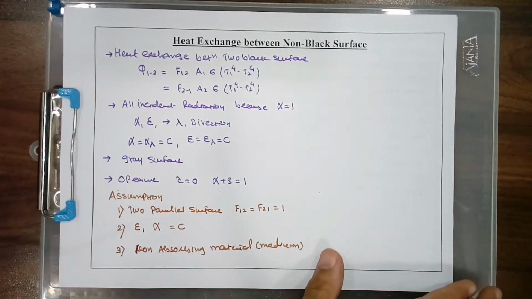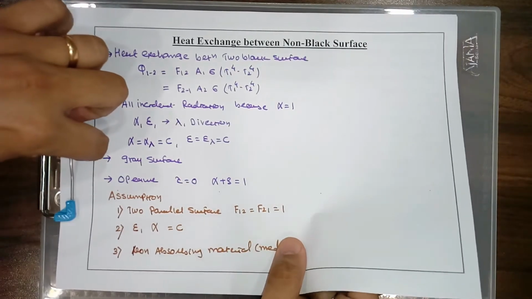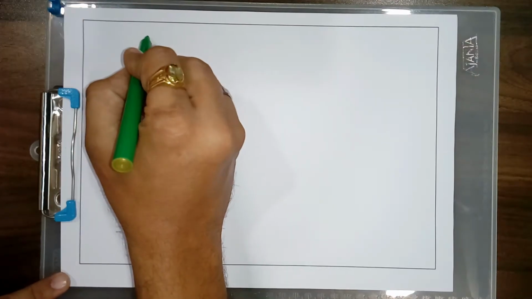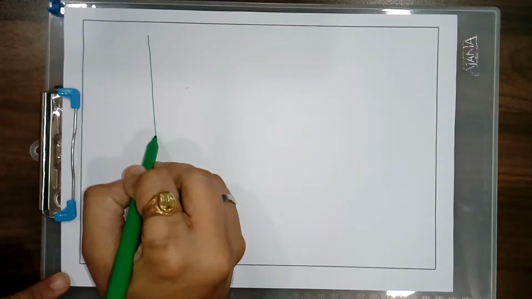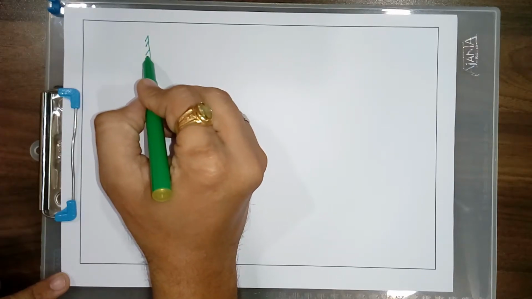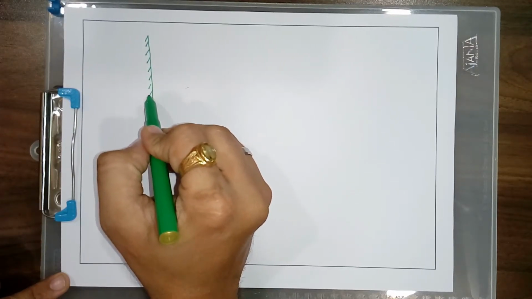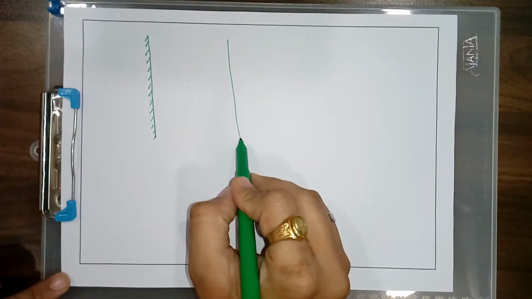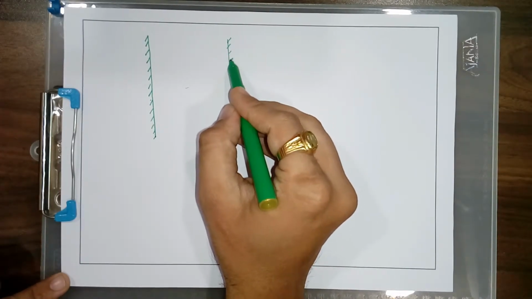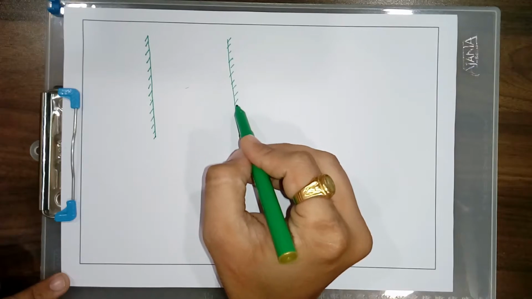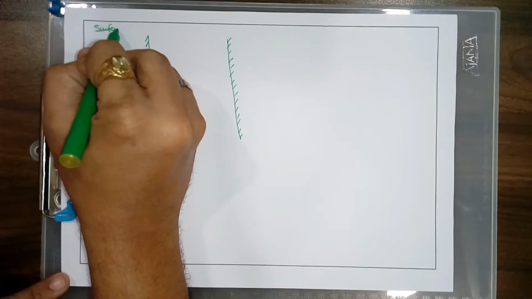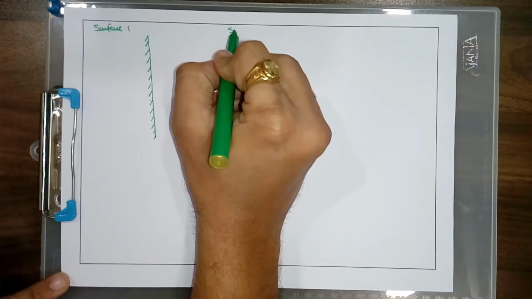Now after discussing these assumptions, I plot the situation in which heat is exchanged between the two non-black surfaces. As per our assumptions, I am taking opaque surfaces. So this is my surface number 1, which is a gray and opaque surface, and this is surface number 2.